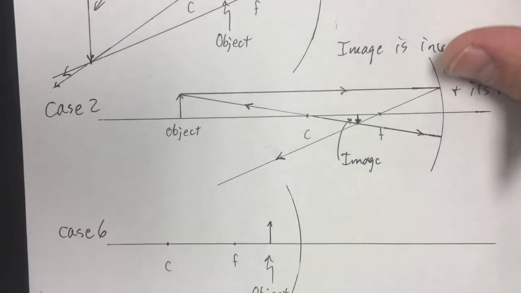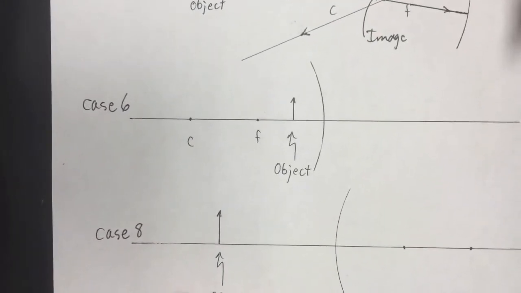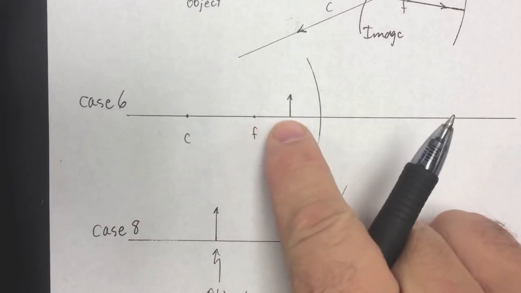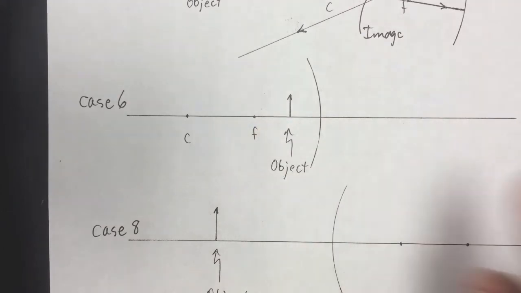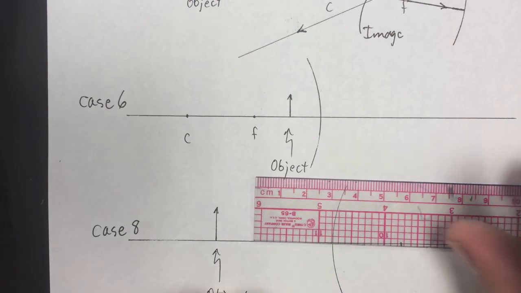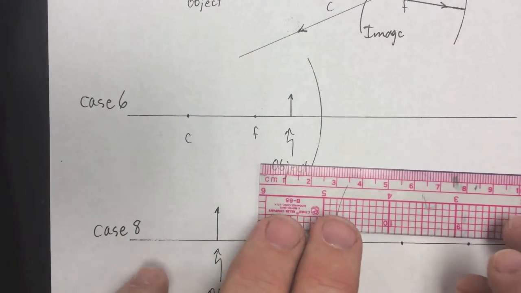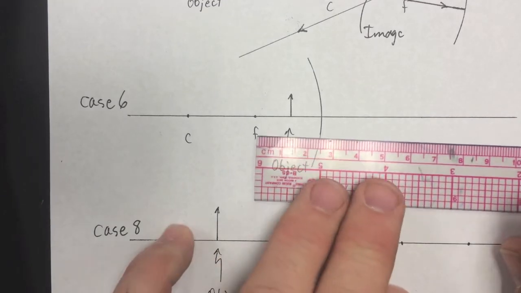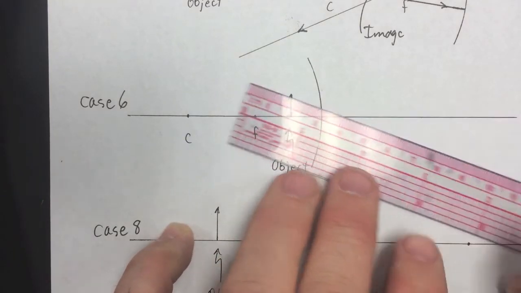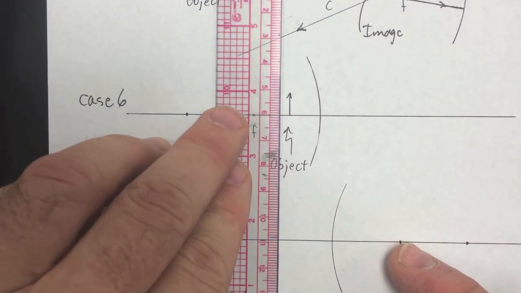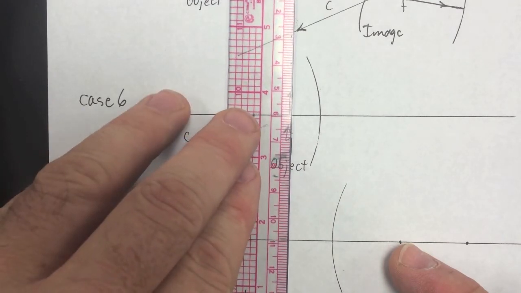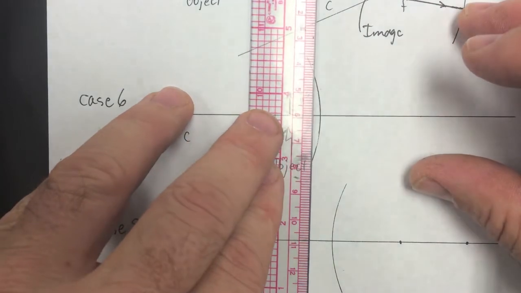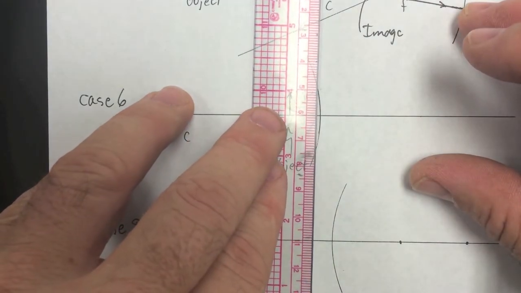Now we're going to move on to case 6. And in case 6, the object's inside the focal point. And this is when you had the curved mirror close to your face, and it kind of looked like a makeup mirror then, and the image is really big. But we're going to do the drawing the same way. So I'm going to measure the height of the object and duplicate that height on the mirror.